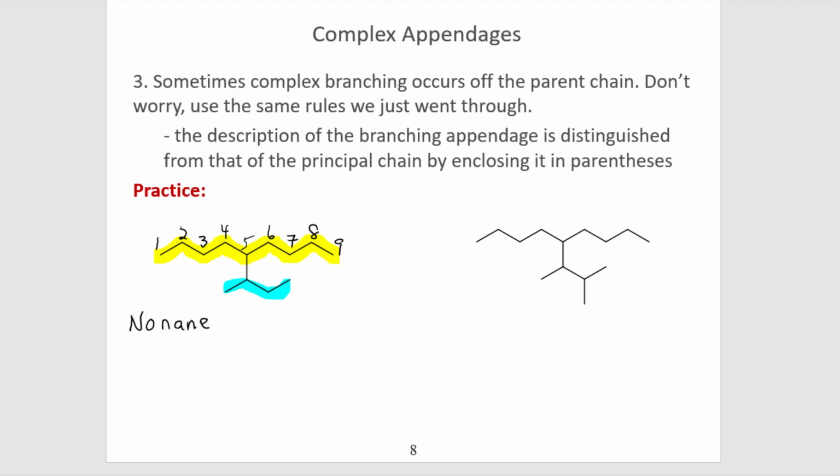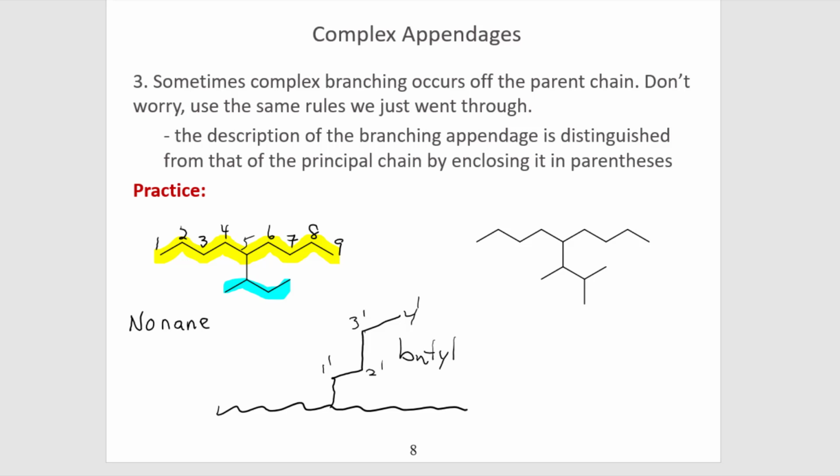If I have a 1, 2, 3, 4 carbon, 1 prime, 2 prime, 3 prime, 4 prime, this long straight chain appendage is butyl. It's a butyl group.